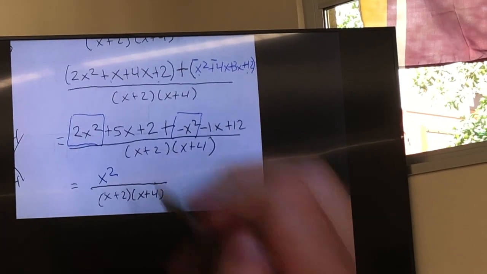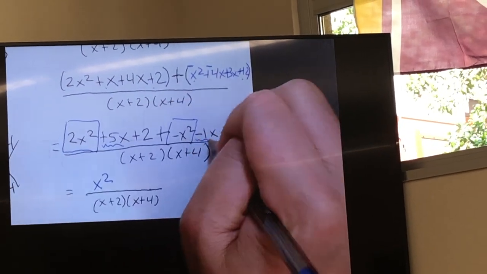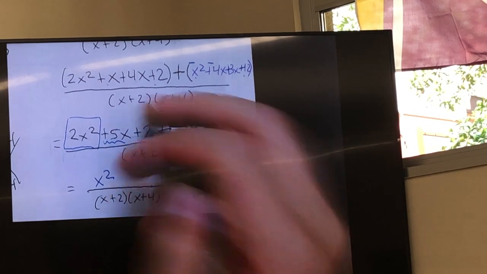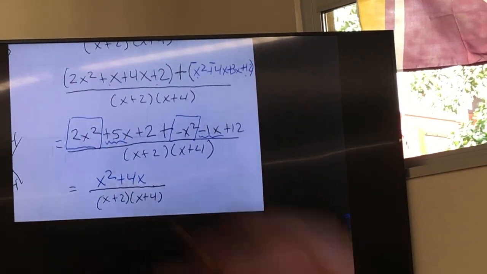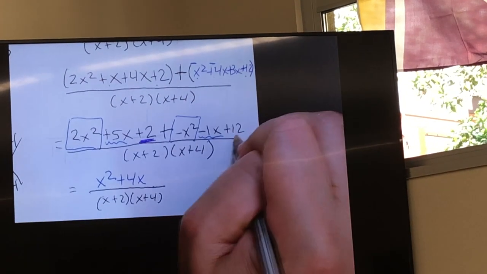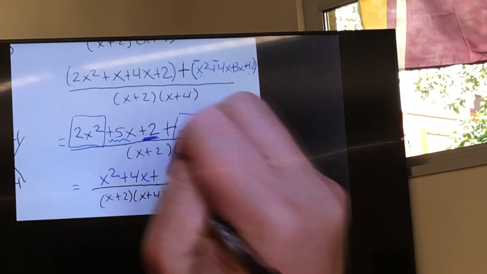Now we are looking at the x's, so 5x. I see a negative 1x, so 5 minus 1 makes a plus 4x. And then the last one is our constants, plus 2, plus 12, which makes a plus 14.